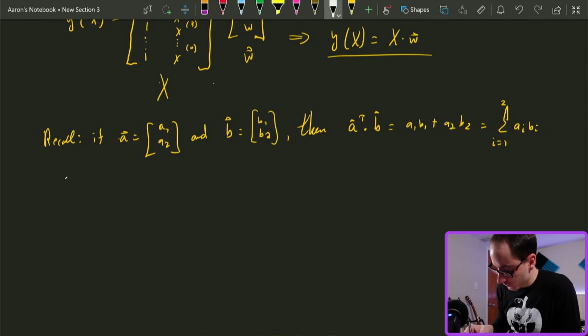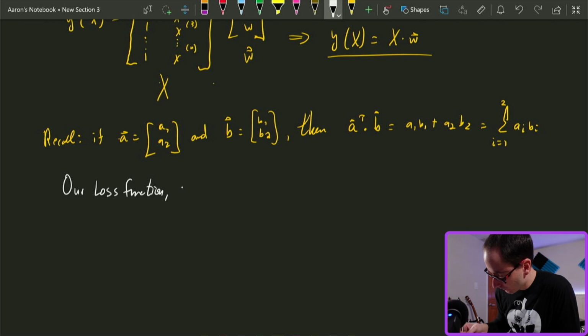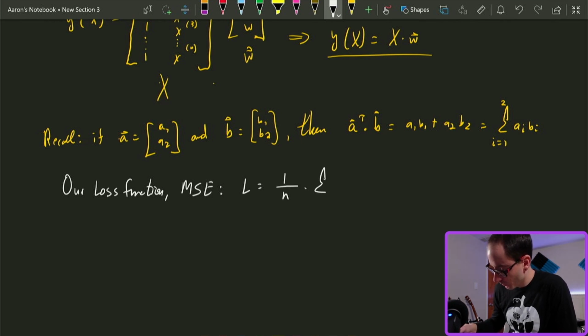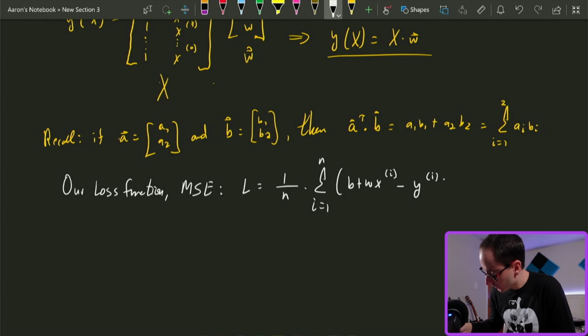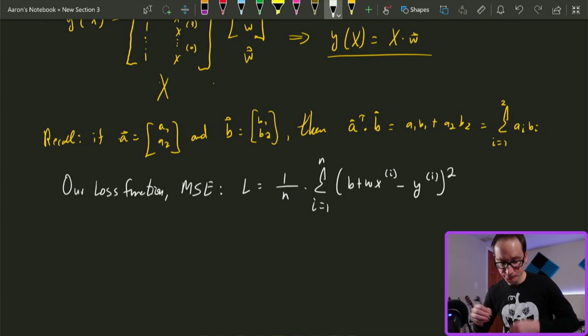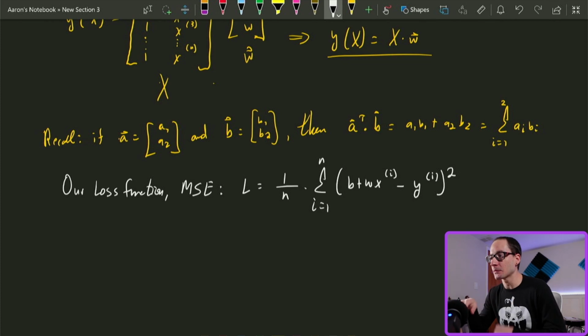So our loss function, mean square error, L is equal to 1 over n times the sum as i goes from 1 to n of b plus w x_i minus the observed value for that case, quantity squared. In the previous streams, we wrote this down maybe in the other order, but since we're squaring the difference, that's a-okay for us here.